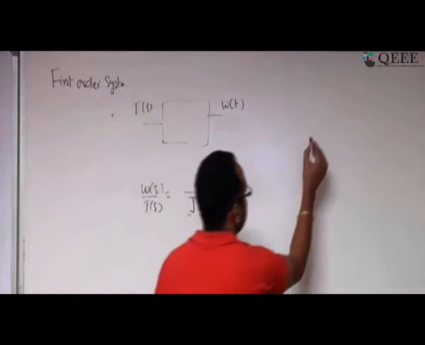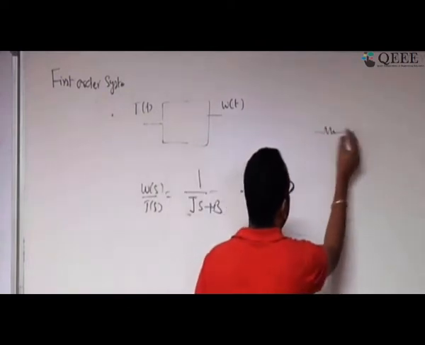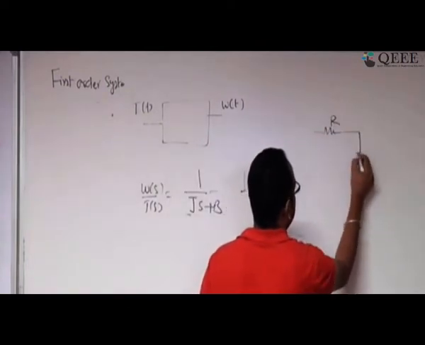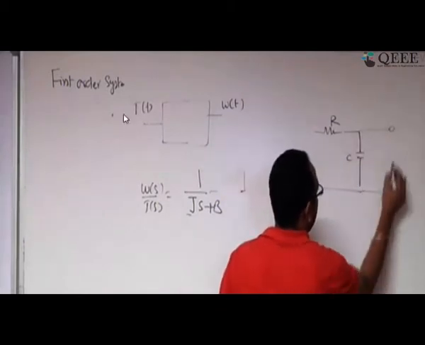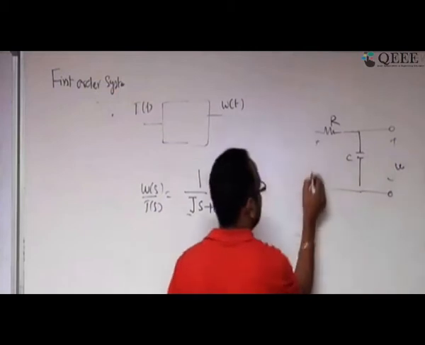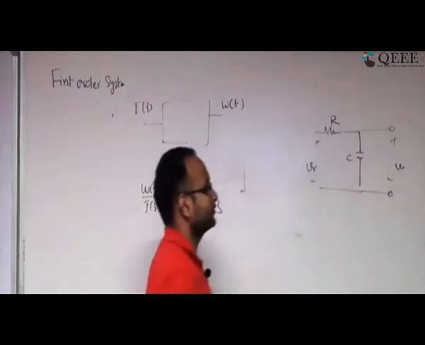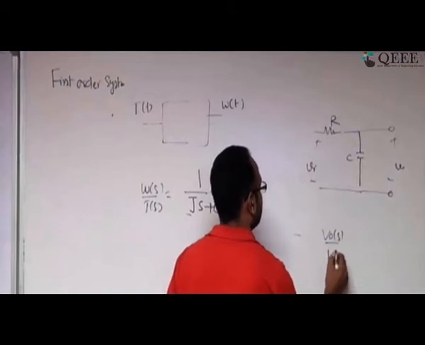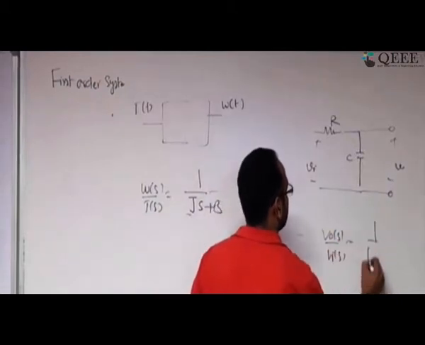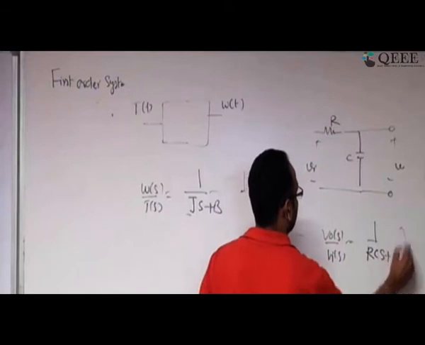You can also take another example of an electrical circuit where you have R and C, the resistor and capacitor, and if you measure output at this end and input is this end, and if you solve it, this is going to be V0(s) divided by Vi(s) equals 1 by RCs plus 1.